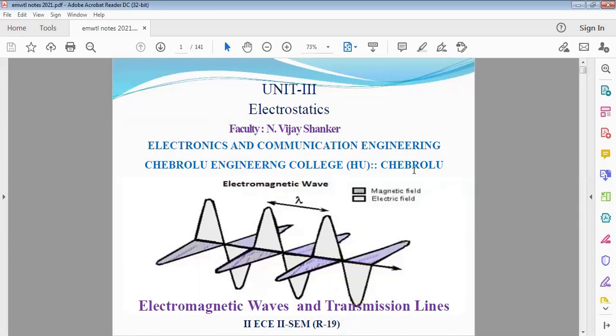Also, by using Gauss law, we derived the expression for the electric field intensity of a point charge and the electric flux density D bar. Now, by using Gauss law, I have to find the electric field intensity and electric flux density for the infinite line charge.